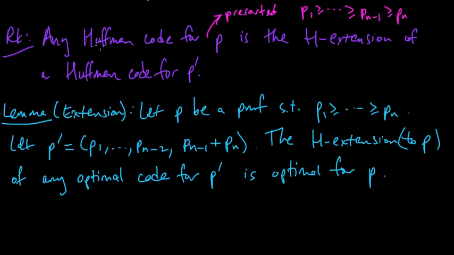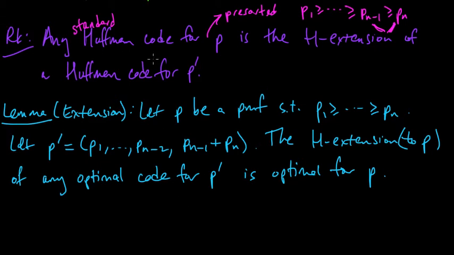But we also made the convention that I'm referring here to the Huffman code obtained from this pre-sorted P by combining the last two first. Let's refer to that, to be completely precise, as a standard Huffman code. A standard Huffman code for a pre-sorted P is when we combine these last two, n-1 and n, first.